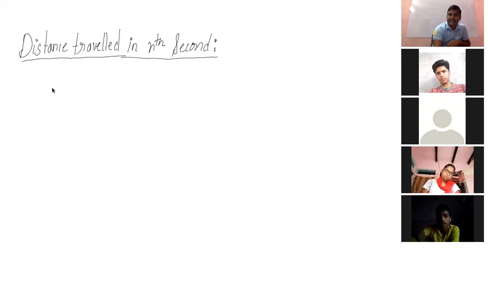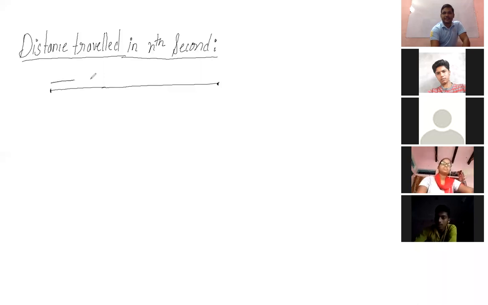Let's say the person travels this much distance in first n seconds. This is the distance traveled by the person in n seconds, and this is the distance traveled by the person in n minus 1 seconds. This is Sn minus 1.